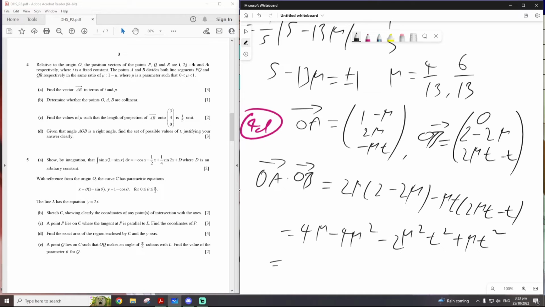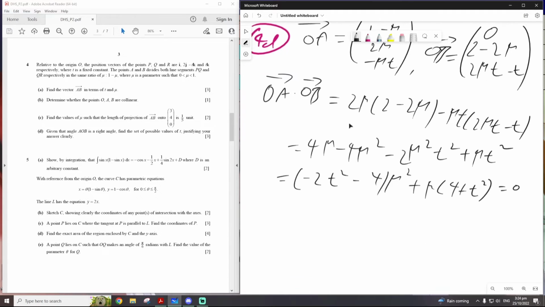So we get negative (2 t squared plus 4) mu squared plus mu (4 plus t squared). Set this to be 0. Now we want to arrange them in this way because we want to solve for mu. For this to be possible, we need this equation to have real roots. So we make the quadratic equation in terms of mu, then we determine the conditions on t.